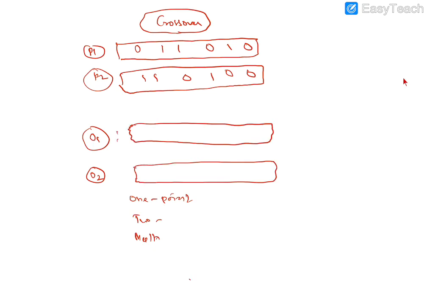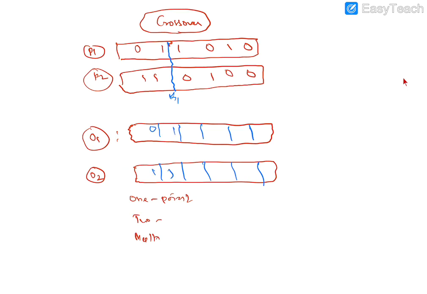crossover technique. In 1 point crossover, you have to take 1 point. Here I am going to identify 1 point and label it as K1. So K1 is 1 point, with a left side and a right side. Whenever we generate the offspring, whatever values are on the left side, we consider as they are, that is 0, 1, 1, 1.